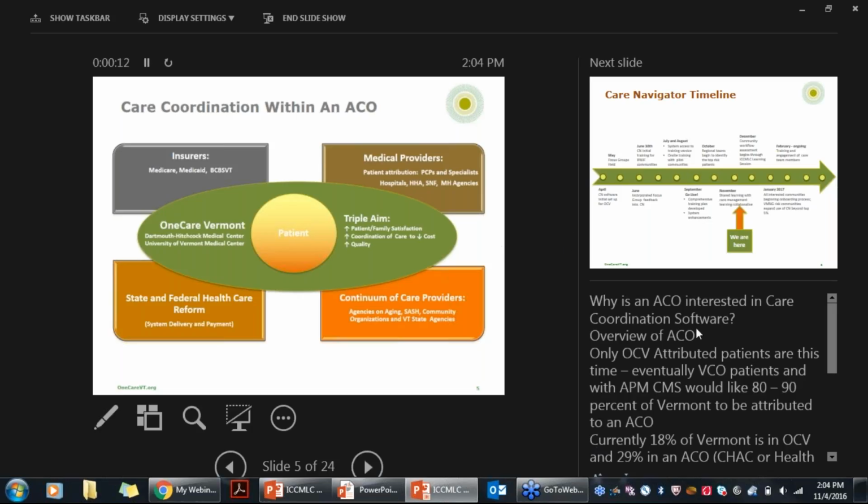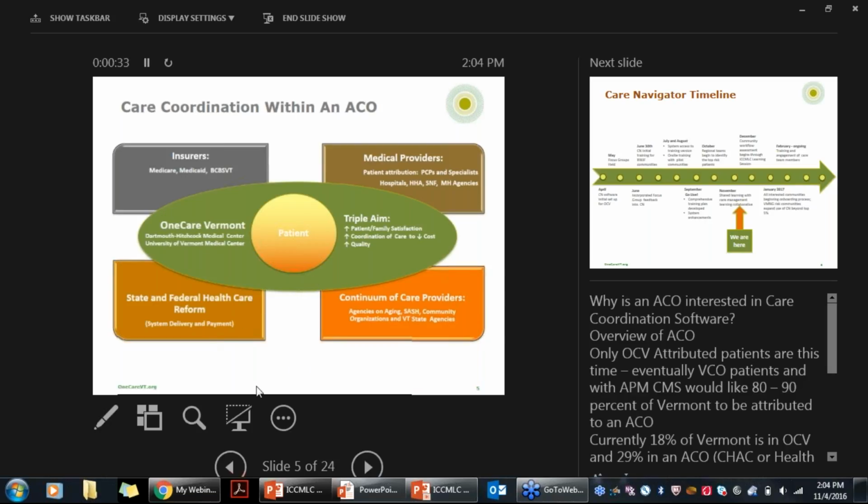I bring this up because ACOs offer a different way of communicating. If these continuum care providers and medical providers are connected within the ACO, people attached to those entities can communicate about a patient within the system.